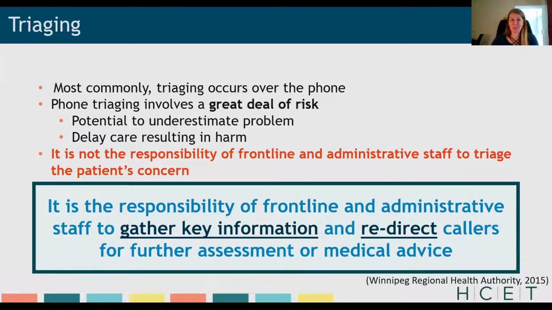So I guess the big question becomes, well, what is the responsibility of frontline and administrative staff in the triaging process? And that responsibility is to gather key information and then redirect that person for further assessment and medical advice. So you are the starting point for this triaging process.